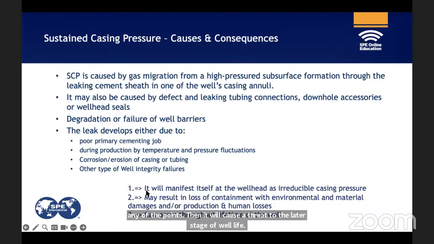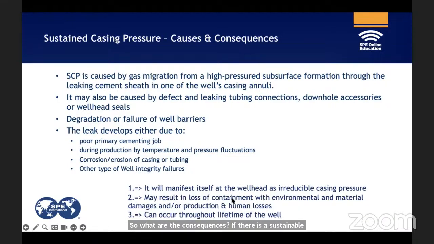So what are the consequences? If there is a sustained casing pressure, it will show itself at the wellhead, and it cannot be reduced; it is irreducible casing pressure. It might result in loss of containment with environment and material damage, and or production or human loss. There are several instances of this. It can occur throughout the lifetime of the well.